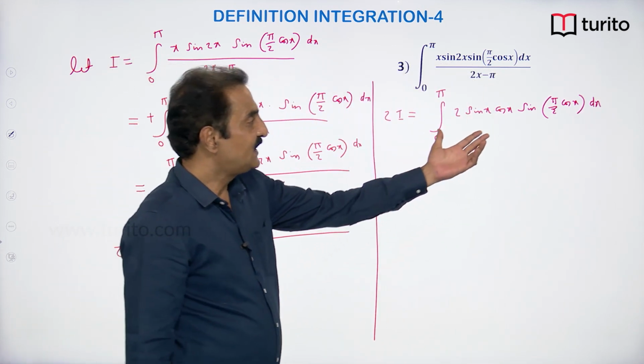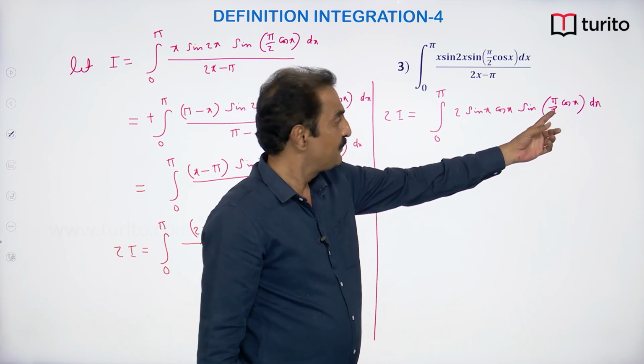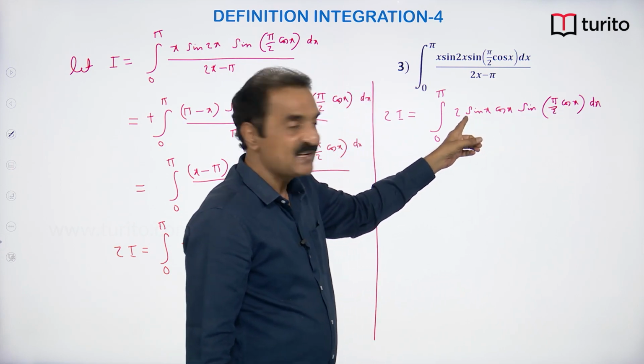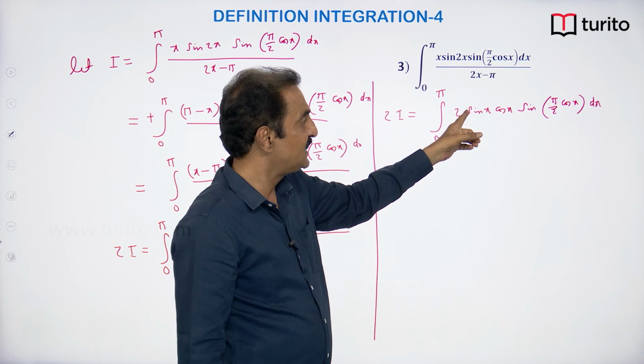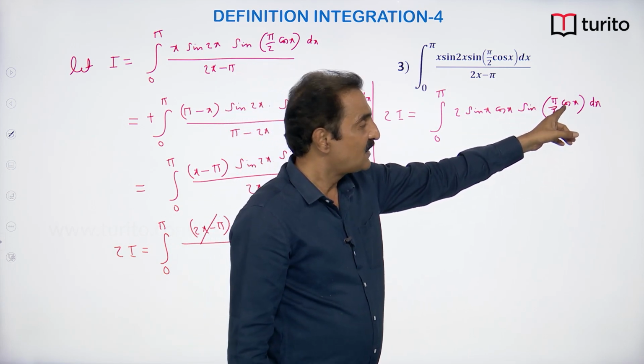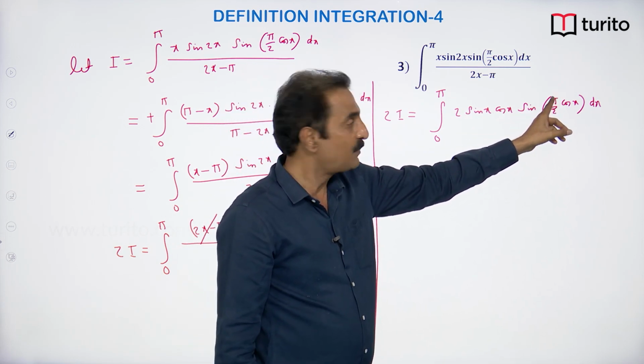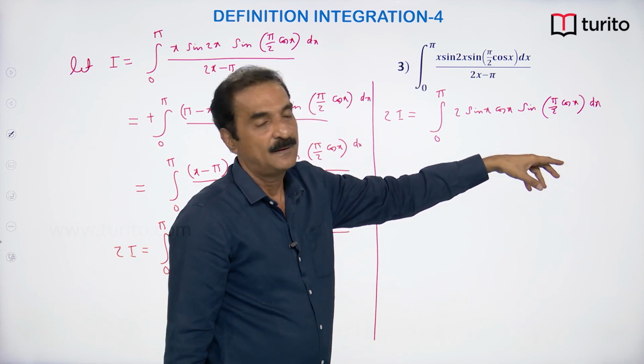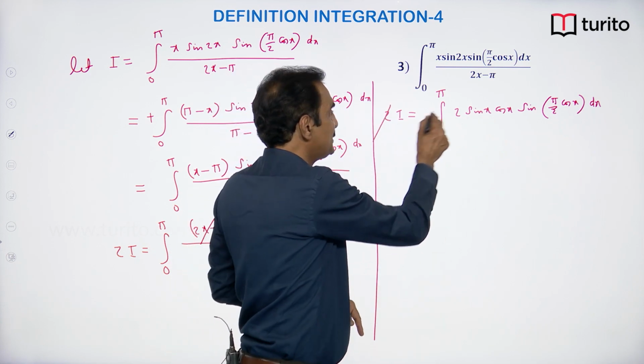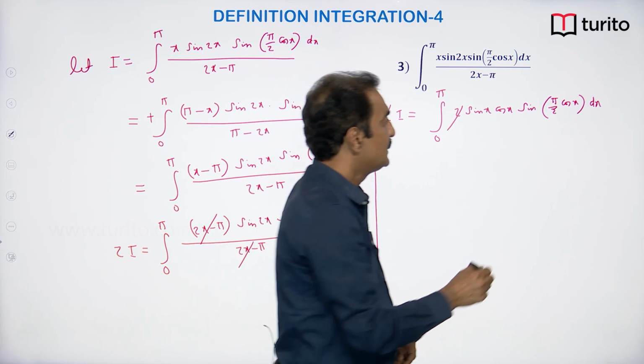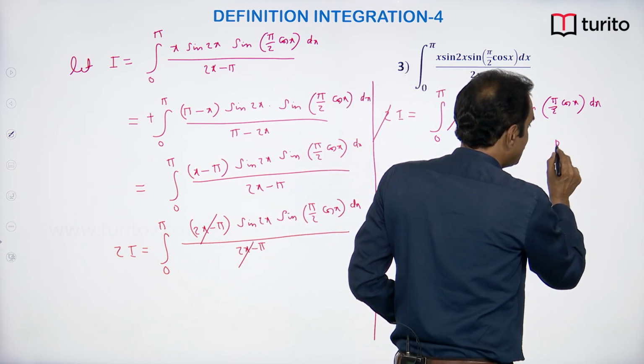Now you can easily guess what I am going to do. The derivative of cos x is minus sin x, which is here. So I will put either cos x is equal to t or pi by 2 cos x is equal to t, and also you can cancel 2. So put pi by 2 cos x is equal to t.